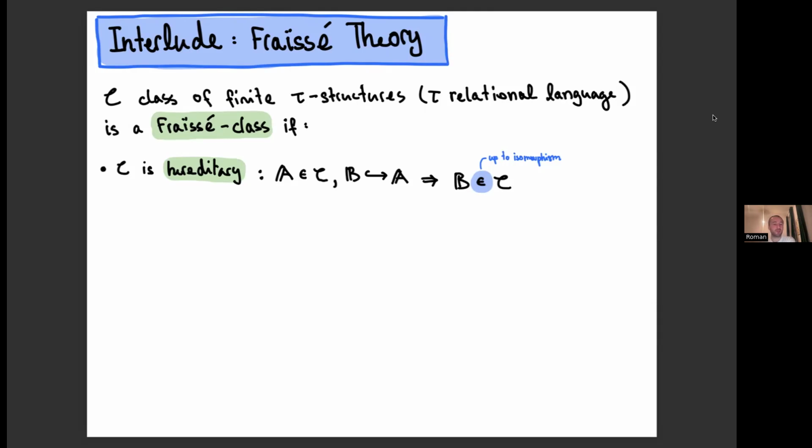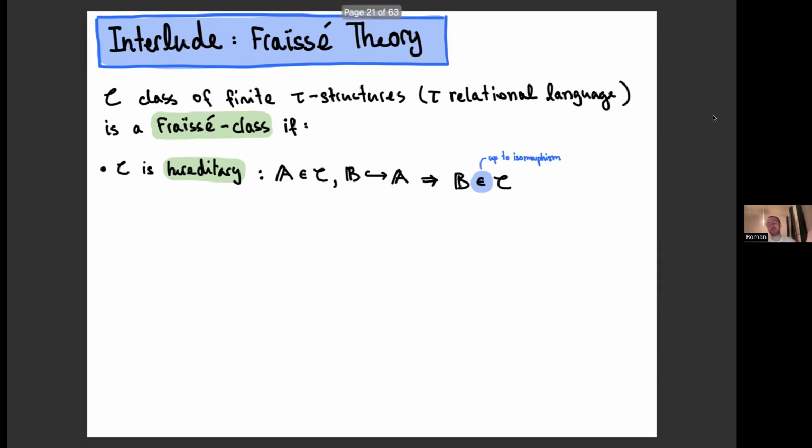The first is that C is hereditary, which means that if you're given a finite structure A in curly C, and you have an embedding from B into A, embeddings being homomorphisms which both preserve and reflect all the relations, then the finite structure B lies, up to isomorphism, in the class curly C.